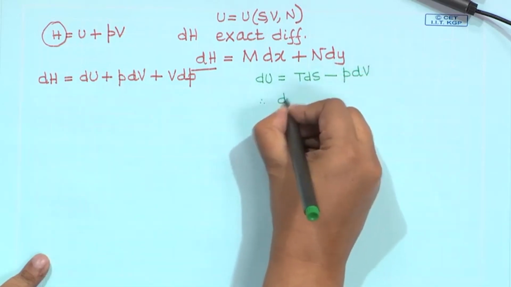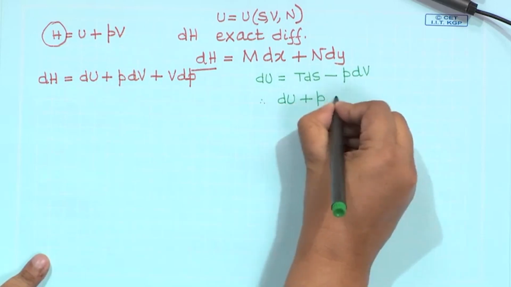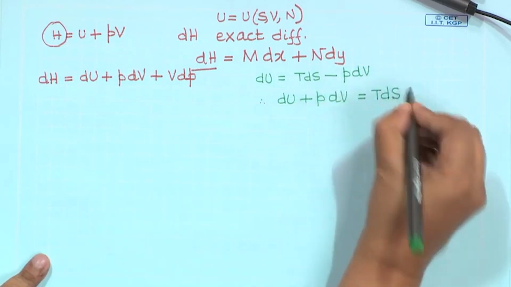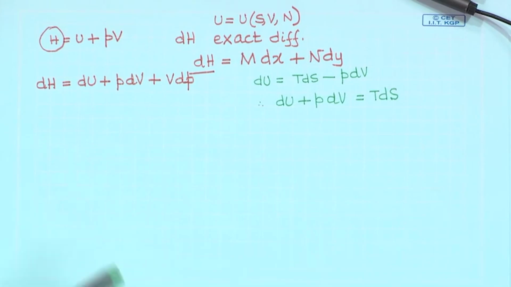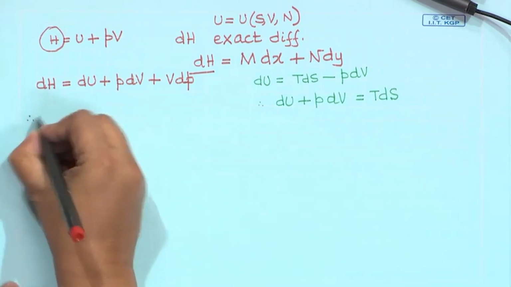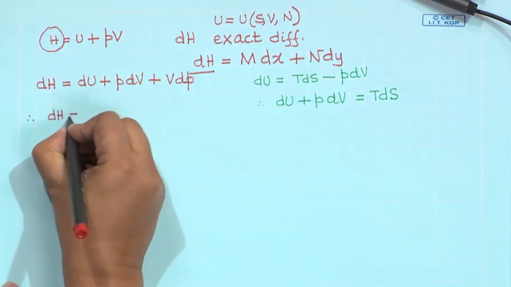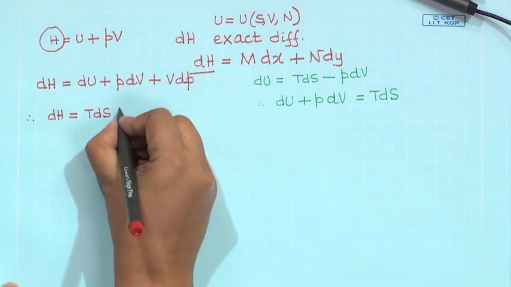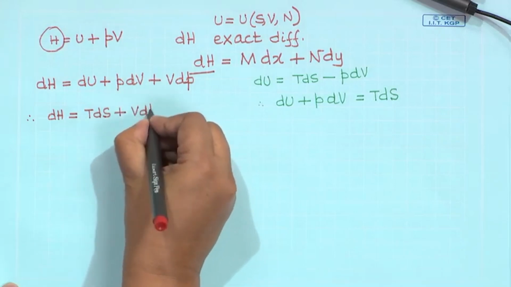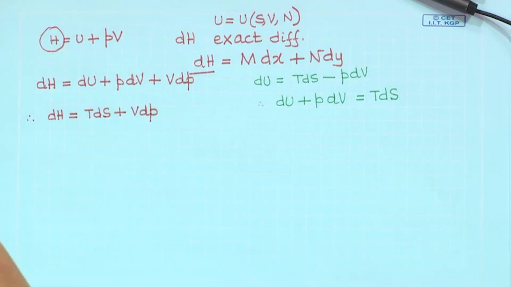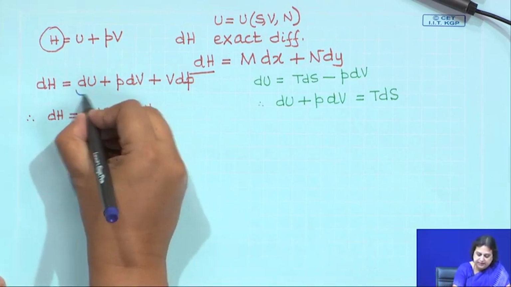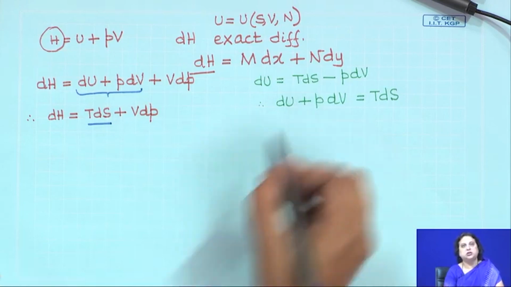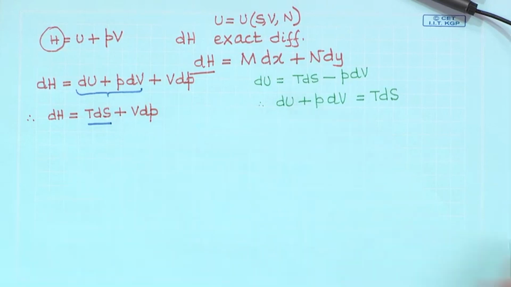Therefore, I can write dU plus P dV is equal to T dS. If I replace this expression in the expression for dH, I would get dH is equal to T dS plus V dP, and therefore, I have replaced this part by this term using the combination of the first and the second law of thermodynamics.